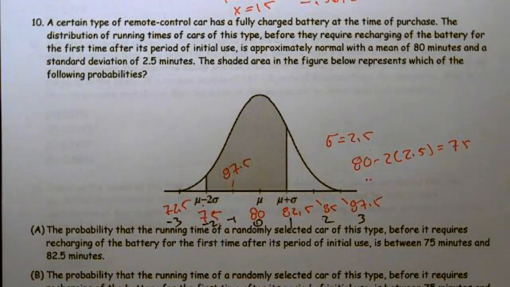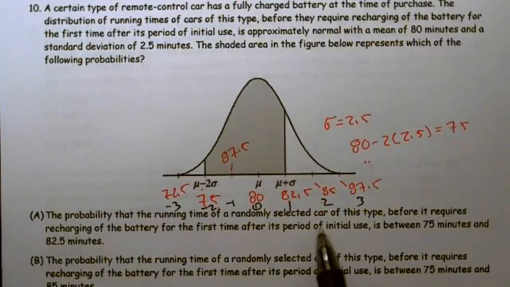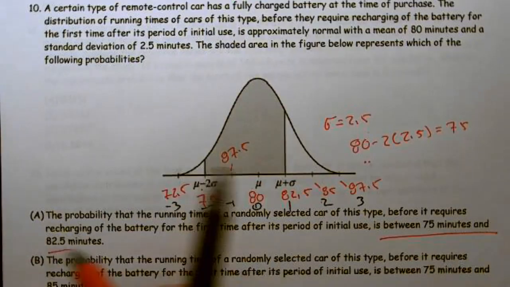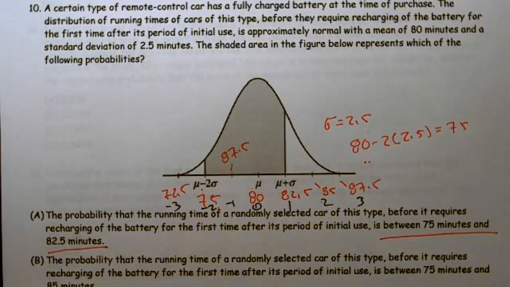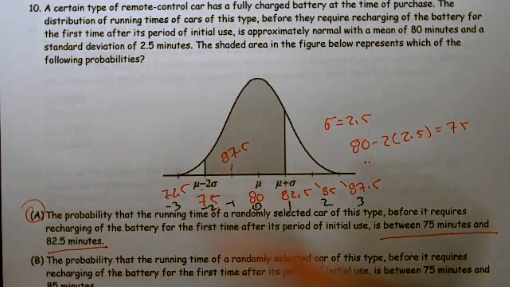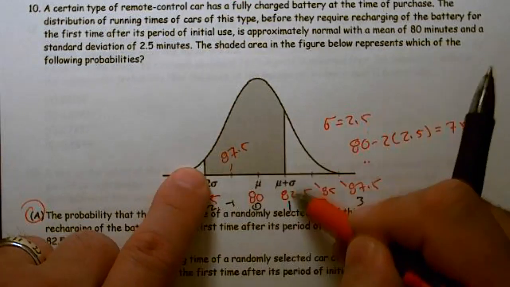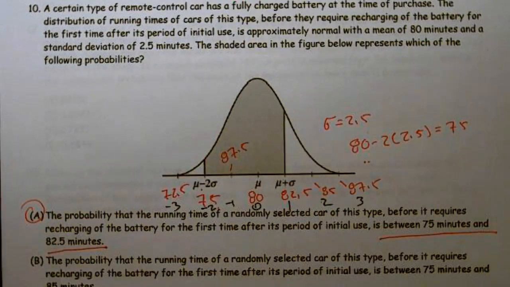And the answer is the probability that the running time of a randomly selected car before it requires recharging the battery for the first time after its period of initial use is between 75 and 82.5 minutes. Because we're interested in this area, which is 75 to 82.5. All right. So that takes care of number 10.